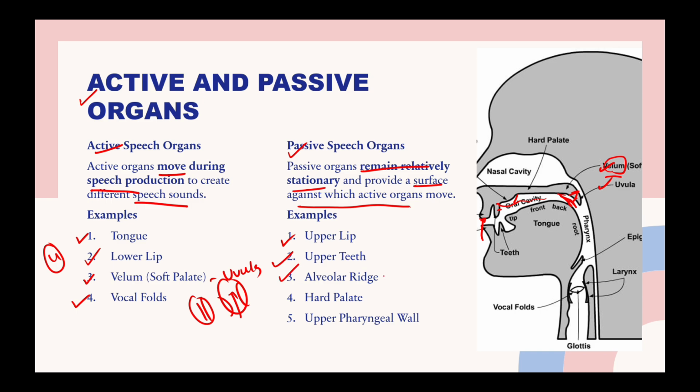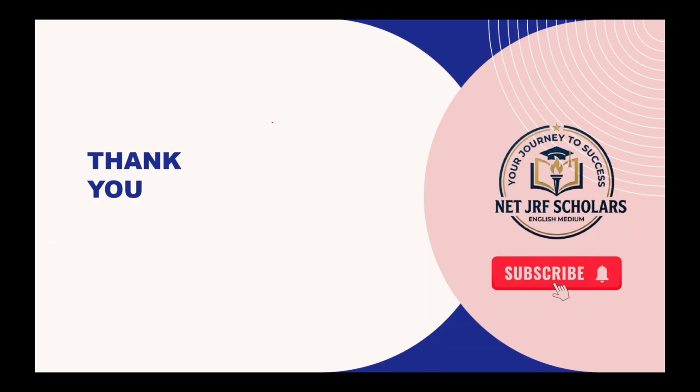With the alveoli and the hard palate, the tongue goes into contact. At the upper pharyngeal wall, the uvula or soft palate goes into contact for the production of certain sounds.